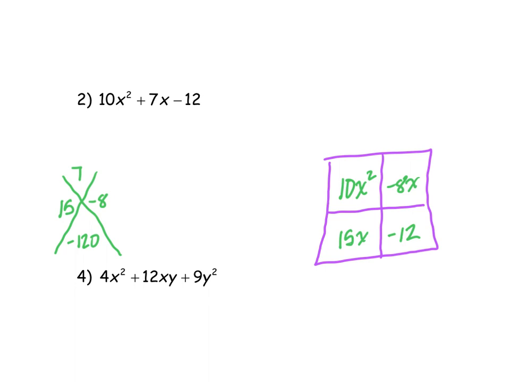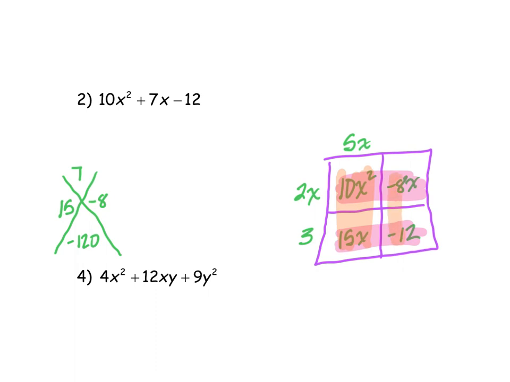So now let's factor rows here. So 10x squared and negative 8x should be 2x, and 15x and negative 12 should be 3. And then 10x squared and 15x should be 5x.